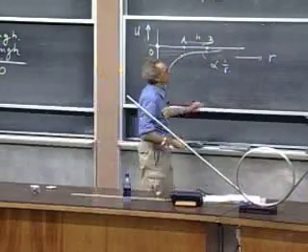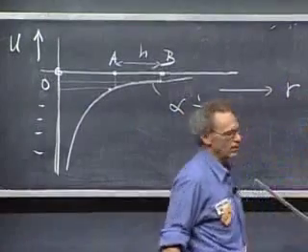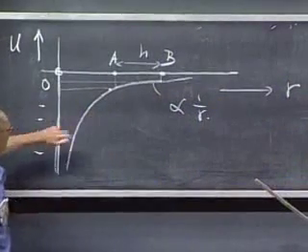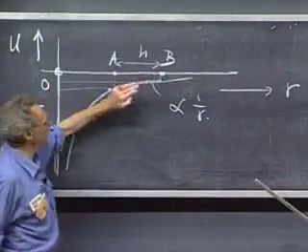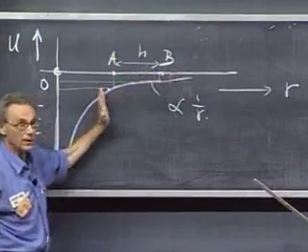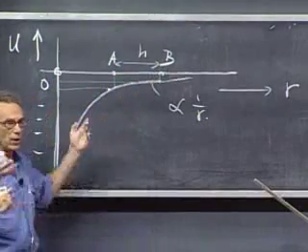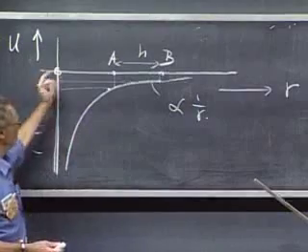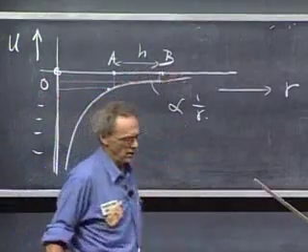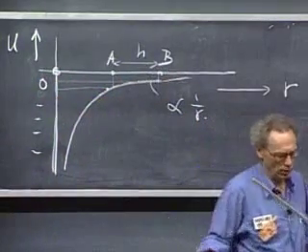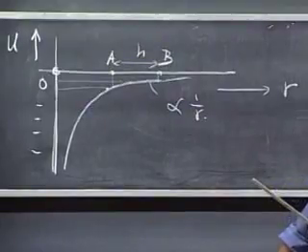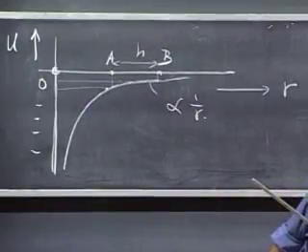And you have to use that equation to evaluate that. But you can clearly see that if I go from here to here, if I take an object and go from here to here, that the potential energy will increase, and that's all that matters. So it increases when you go further away from the Earth, if you look at the Earth, or from the Sun, if you look at the Sun.